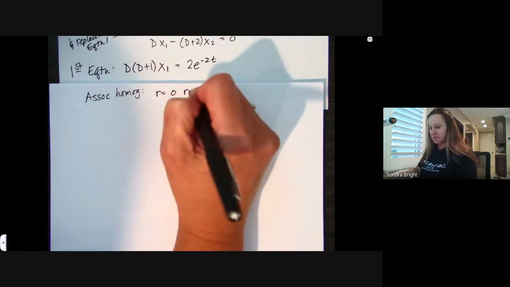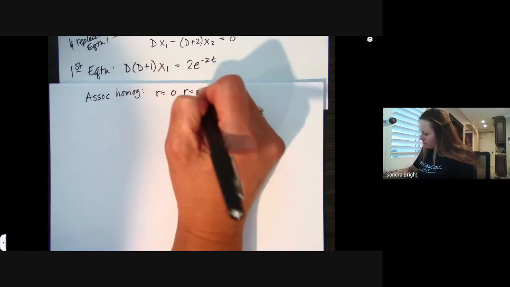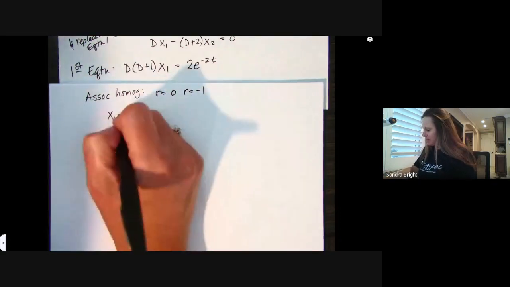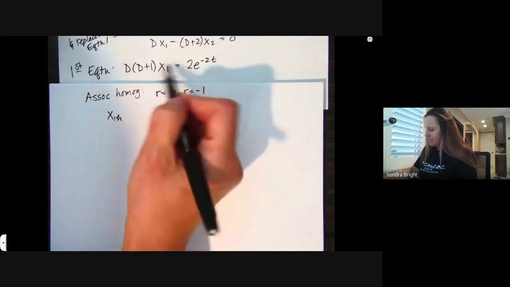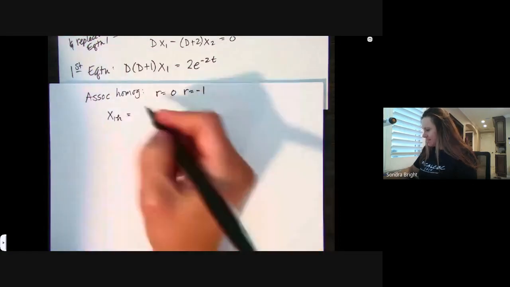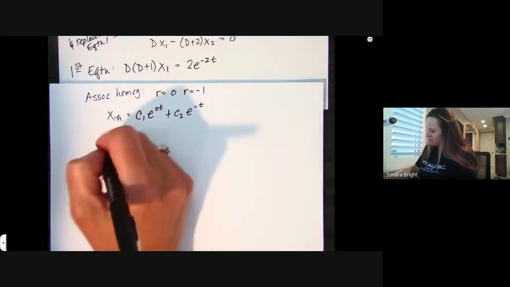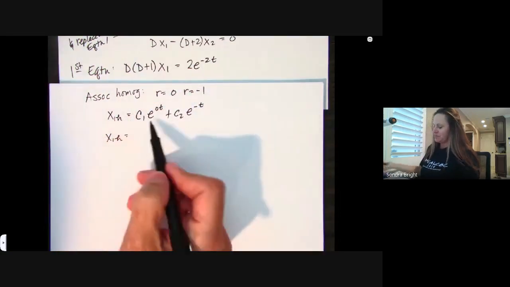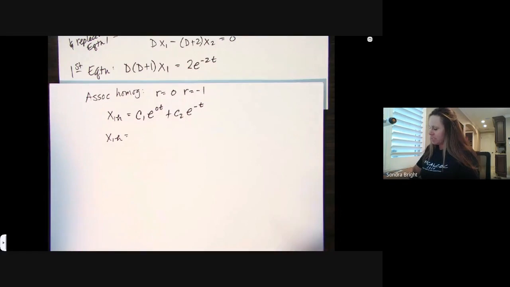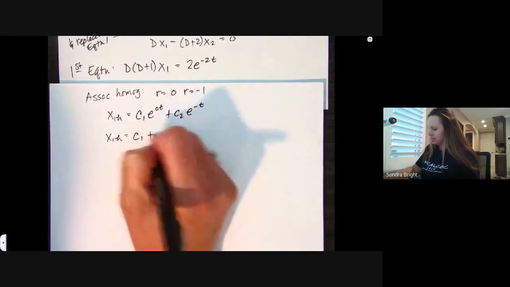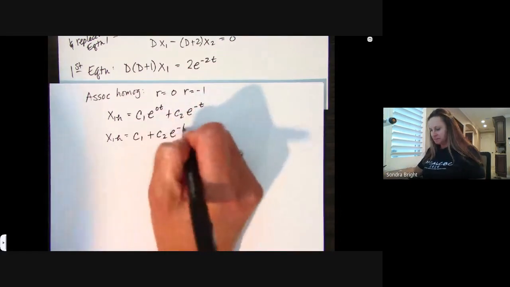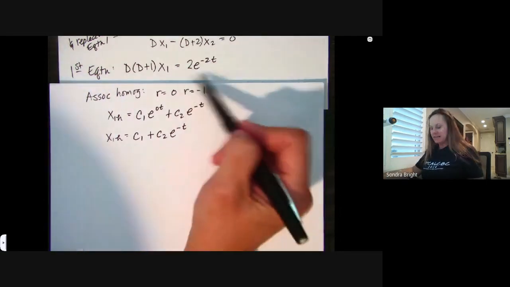And so your homogeneous for x1 would be c1 e to the 0t plus c2 times e to the negative t, and e to the 0 is just 1, so this is just c1 plus c2 times e to the negative t.